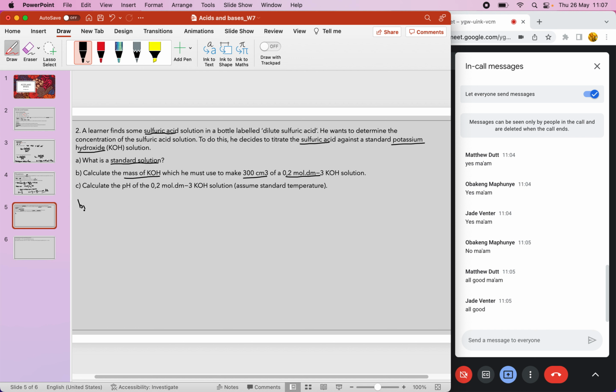So what can we do first? The first thing you can do is to convert the volume into dm cubed. As you can see, it's given in centimeter cubed, so when you divide by 1,000, it's going to be 0.3 dm cubed. Now, what are we given? We're given the volume and the concentration of potassium hydroxide.